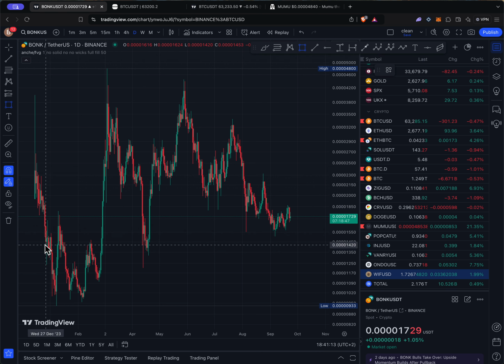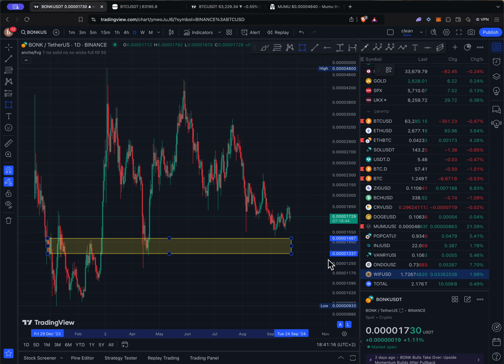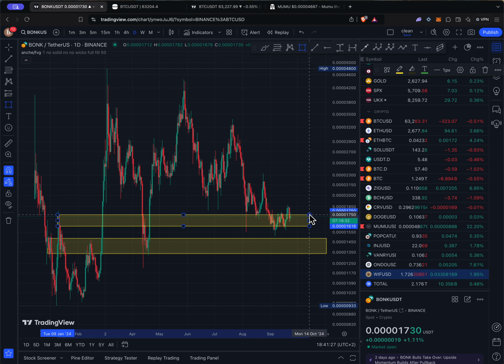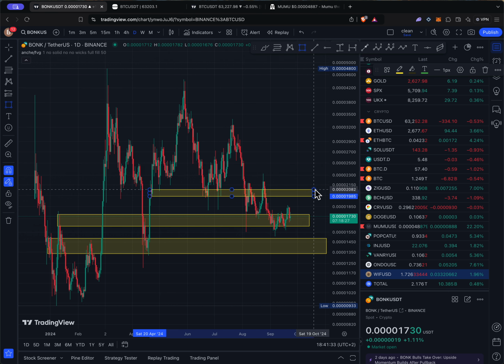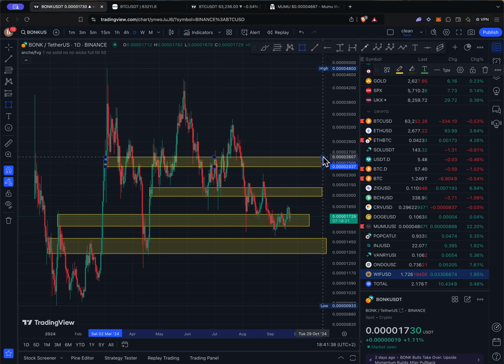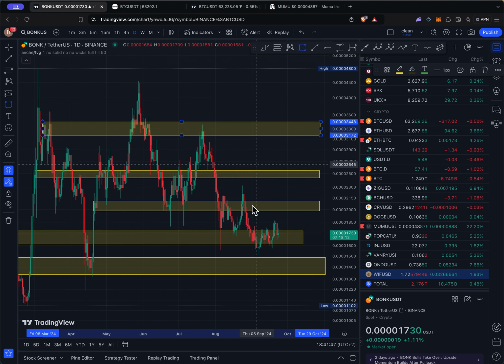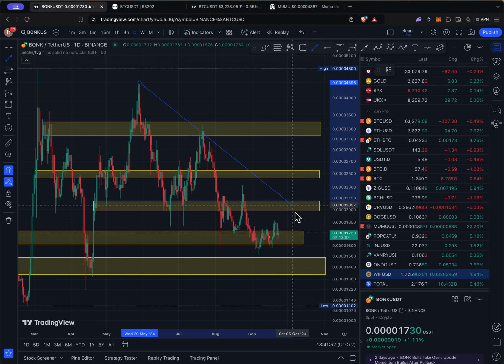All right, let's see. We have this order block in here, like this. We have this order block in here, like this. We have then here a lower time frame order block. Then we have here something more. Then we have probably here. And let's pull this one here. Let's see how it works.